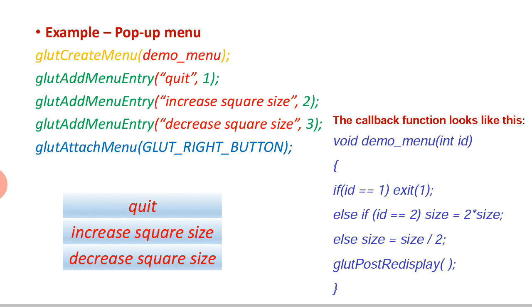Just try to remember the function glutCreateMenu for creating the menu first, then glutAddMenuEntry for adding the entries or choices in that menu, then glutAttachMenu to attach the mouse button with which you want to operate those choices or entries in the menu.